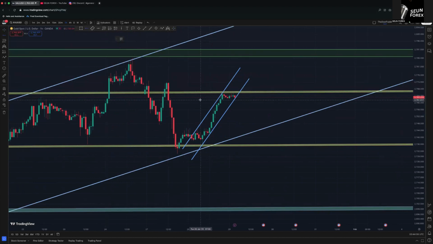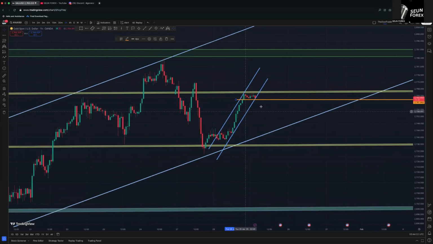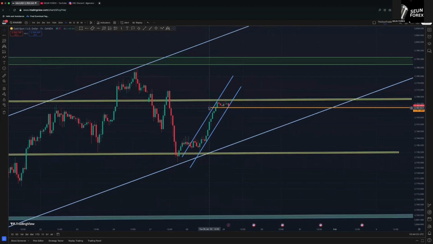From this candle, 1 hour, 2 hours, 3, 4, 5, 6, 7 hours, for almost 8 hours now, this market has been consolidating. And what does that mean? It means two things. Either the market is about to consolidate to form a continuation chart pattern or consolidate for a reversal pattern.